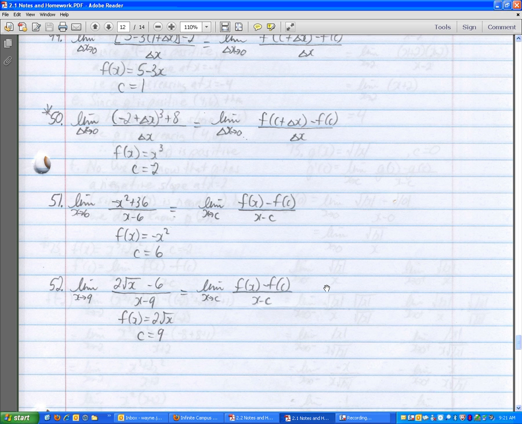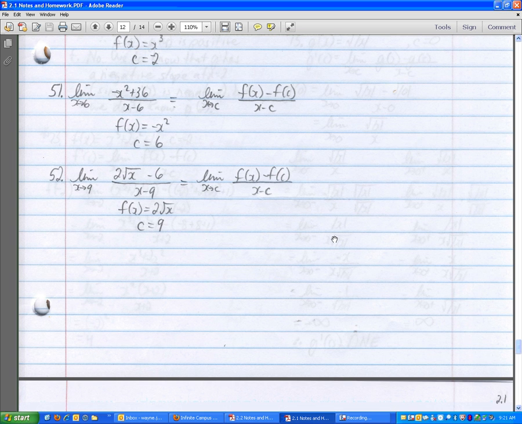All right. How'd you do on 51 and 52? I used the alternative form on those. See if they make sense to you. Oh, yeah. When they're in the alternative form, it's a little easier to pick out, because the f of x is somewhat obvious.